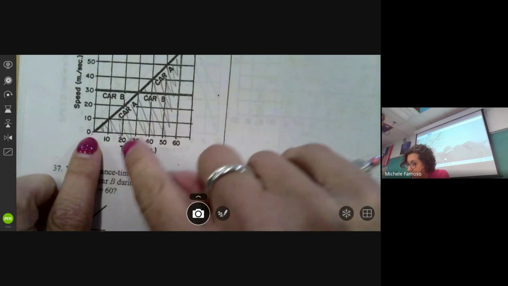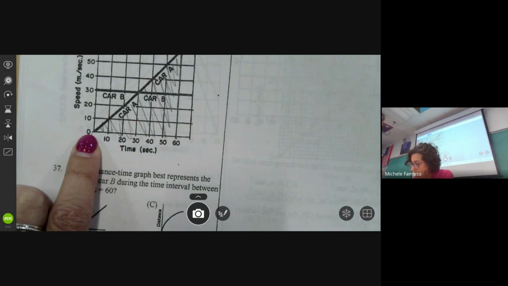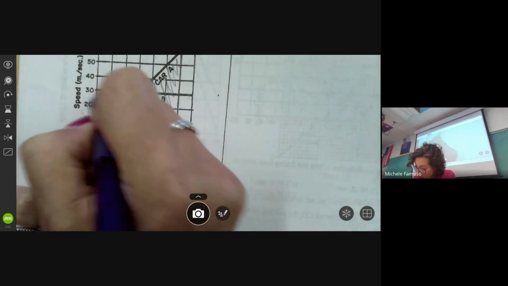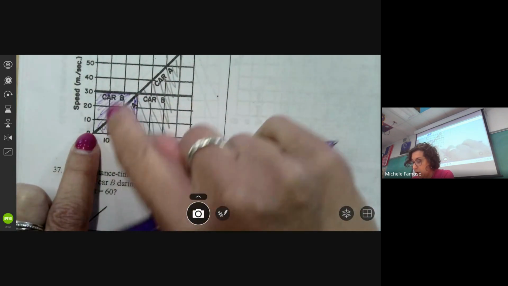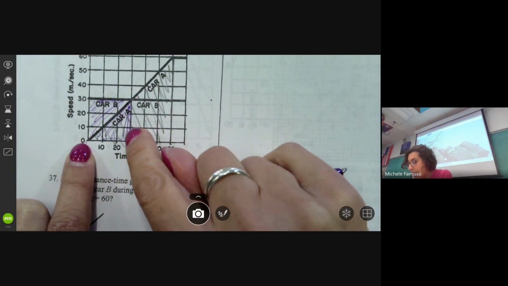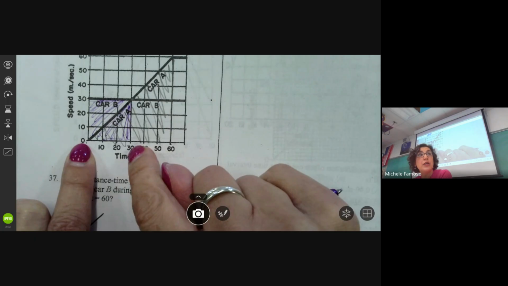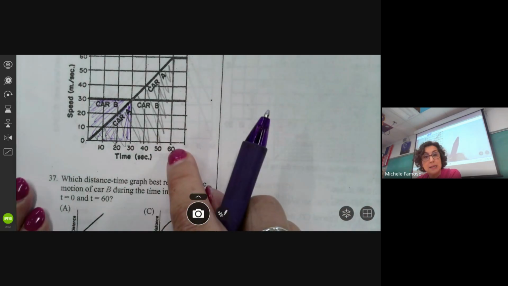I see that between 0 and 30 seconds, I'm going to start shading in B in purple here. Here is B. The area traveled by B is that large rectangle between 0 and 30. Do you notice how that's always going to be bigger than the area for A beyond that? I have to get beyond 30 seconds in order for the two areas to be equal. And where that will happen is at 60 seconds.